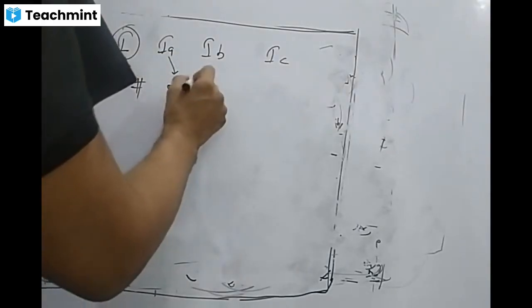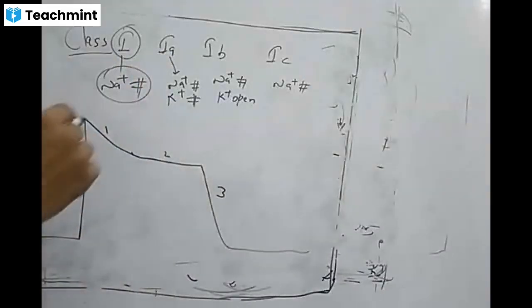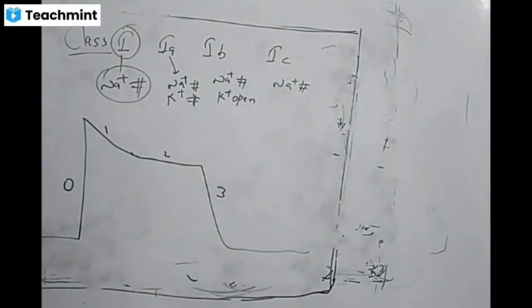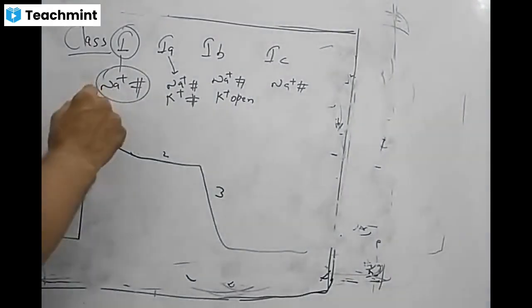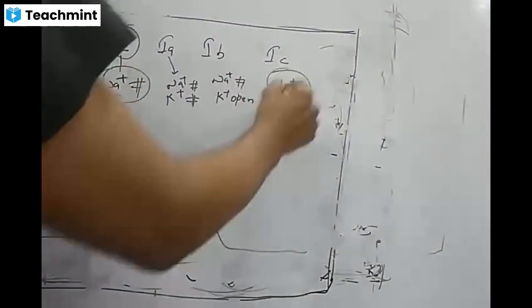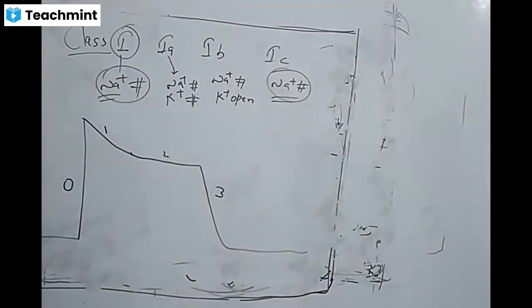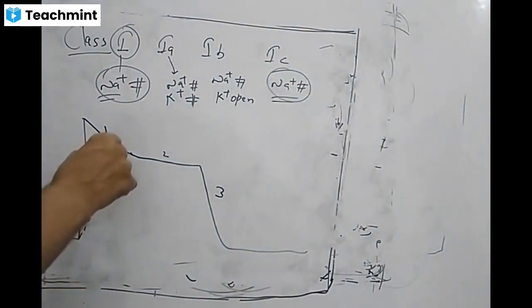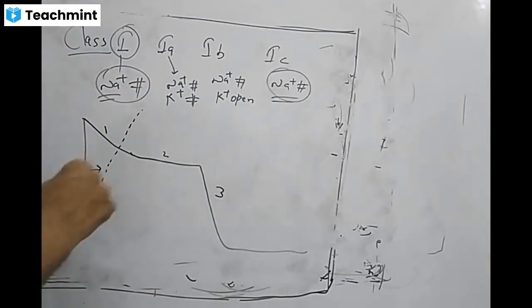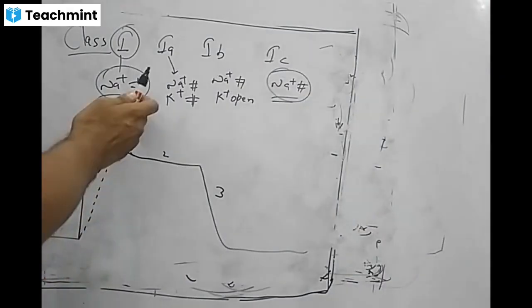We block both sodium and potassium. 1B and 1C are only blocking the sodium channel. Class 1B drugs block only the sodium channel. Similarly, class 1C also blocks only the sodium channel. So the result of only sodium channel blockade will be this: there will be a decrease in the slope of depolarization.